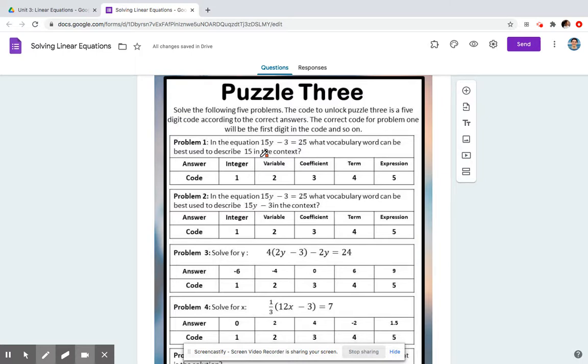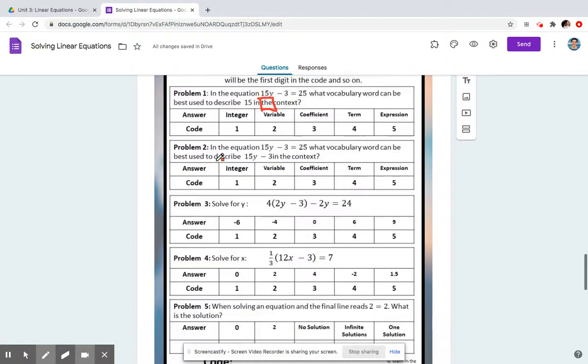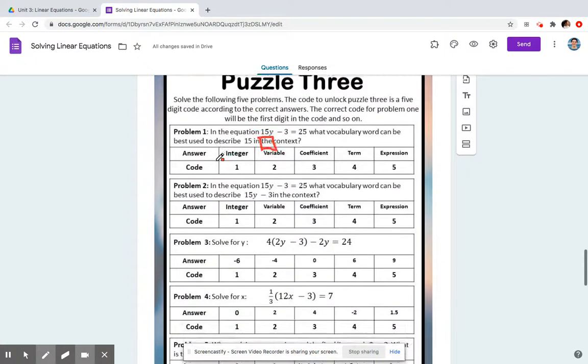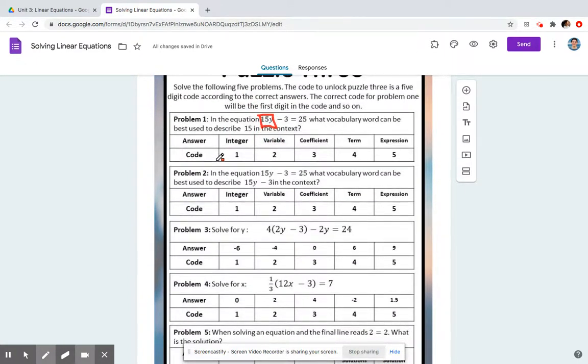A variable is your letters, so y is your variable, so that's not it. Coefficient, that seems promising. Term is the whole entire thing, and expression is not it either. So your coefficient is in fact 15, and that is your answer. So 3 is your first digit. Solve the rest of them to find your answer. Let me know if you have any questions.